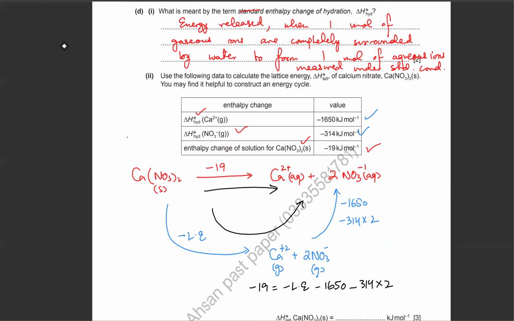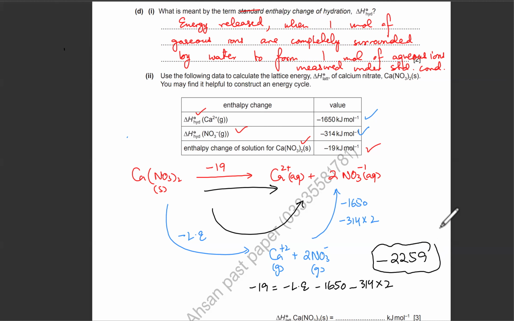What do we get? Minus 2259. This one, right?